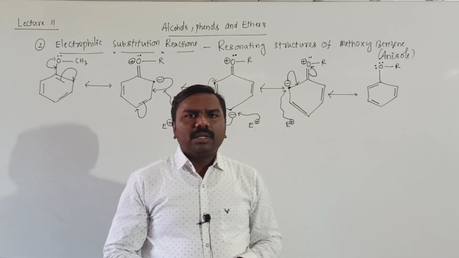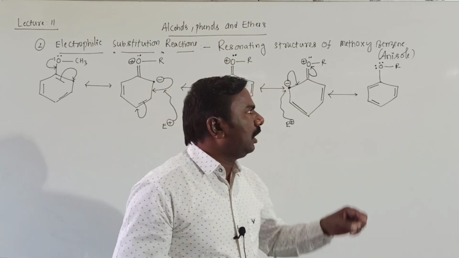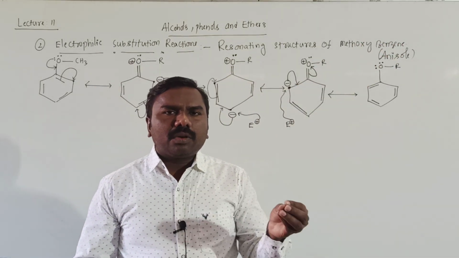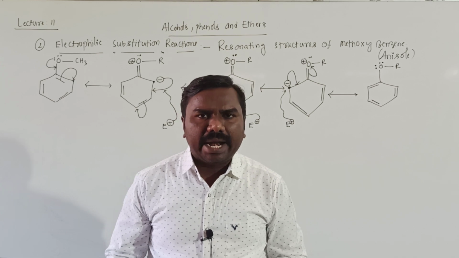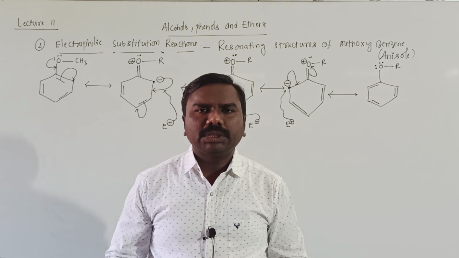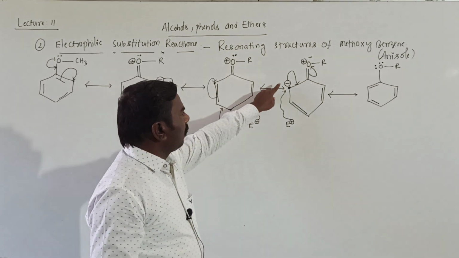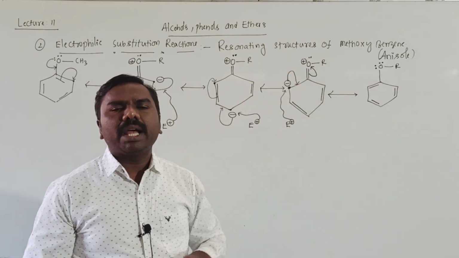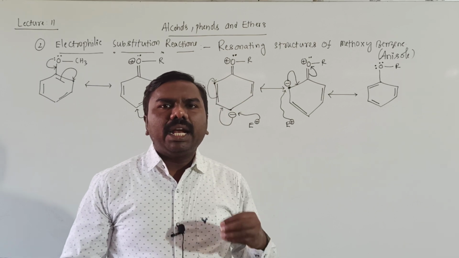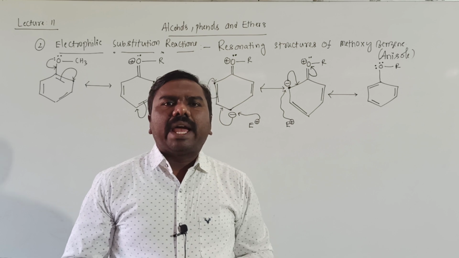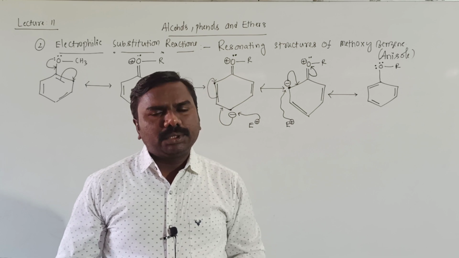It means the incoming electrophile in an electrophilic substitution reaction will be substituted at the ortho and para positions because there is an excess of electron density, indicated by the negative sign. The negative charge attracts the positively charged electrophile at the ortho and para positions.